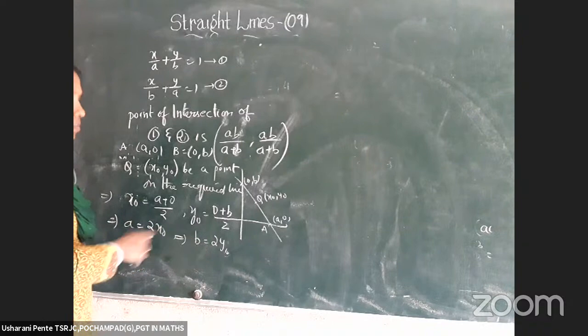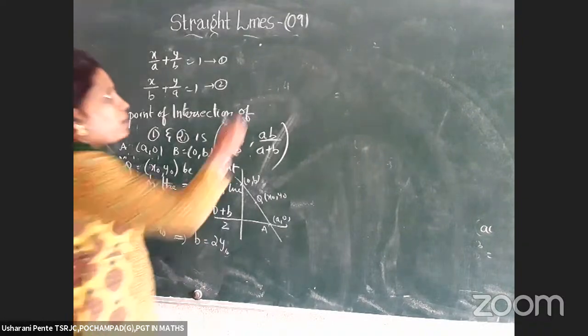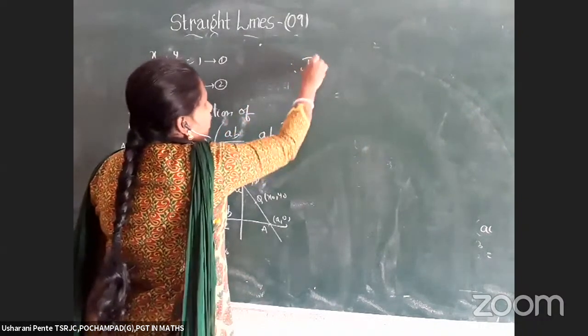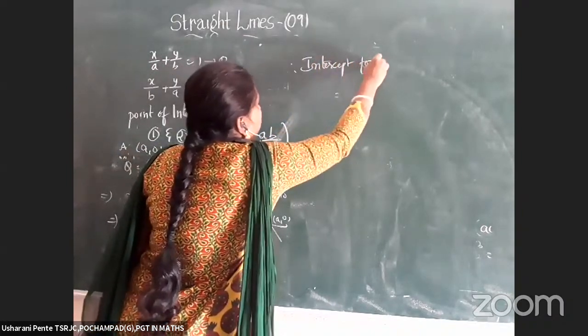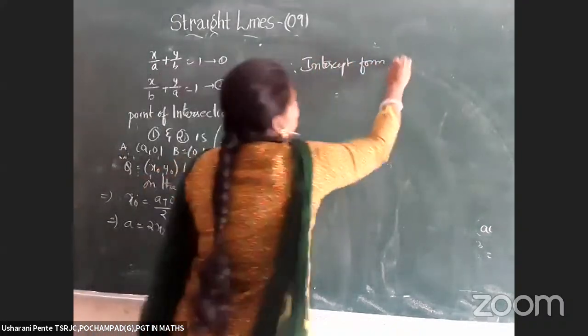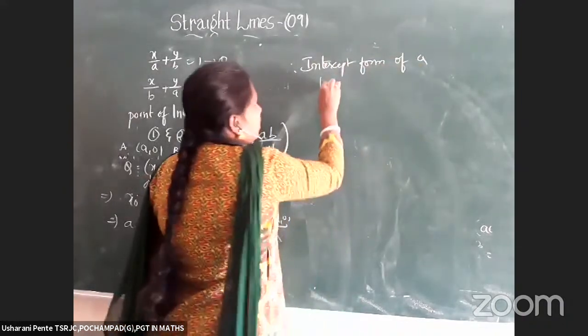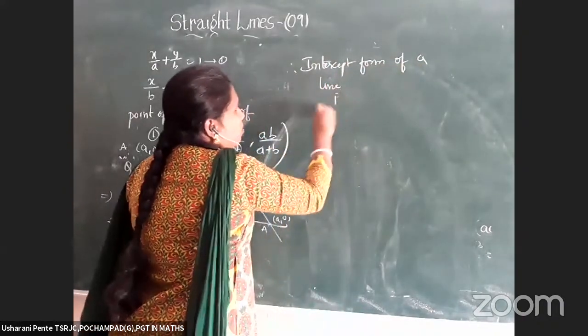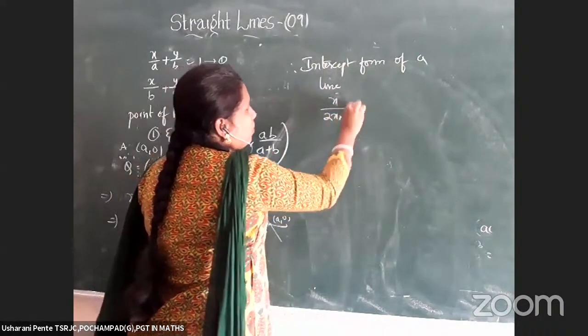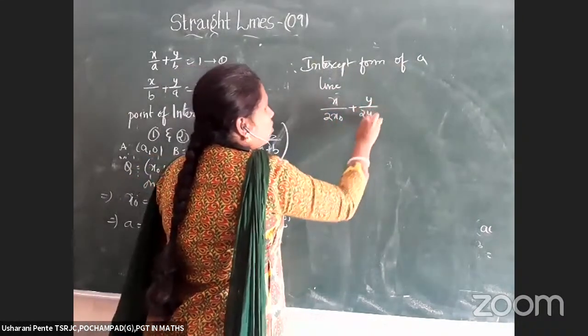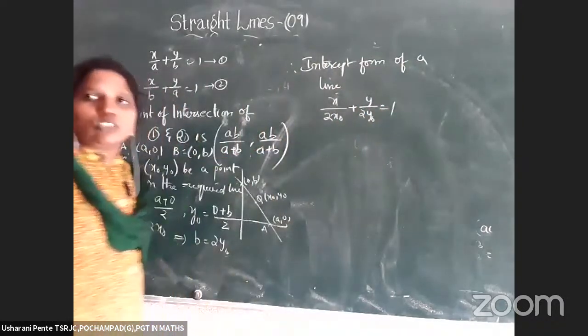Therefore, from the intercept form of a line, what will we get? x by 2x naught plus y by 2y naught is equal to 1.